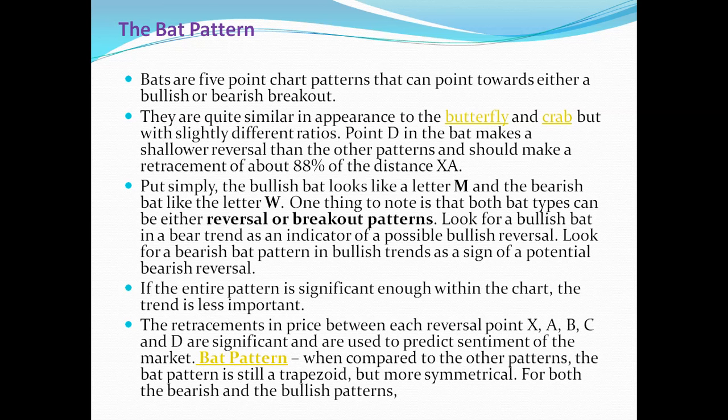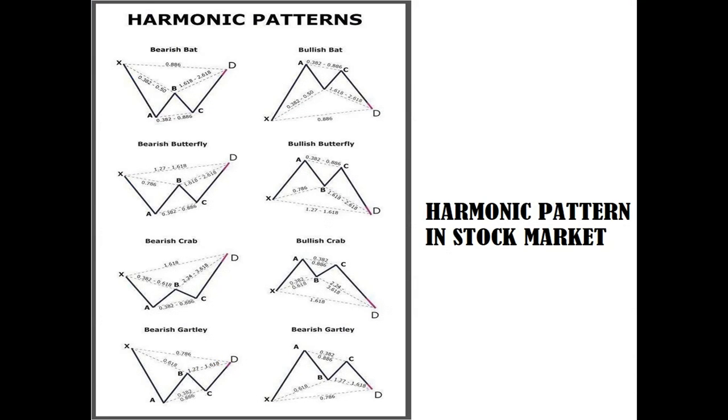Bat pattern. When compared to other patterns, the bat pattern is still a trapezoid but more symmetrical for both bearish and bullish patterns. So I have given you a diagram so you can see all the patterns and the difference.